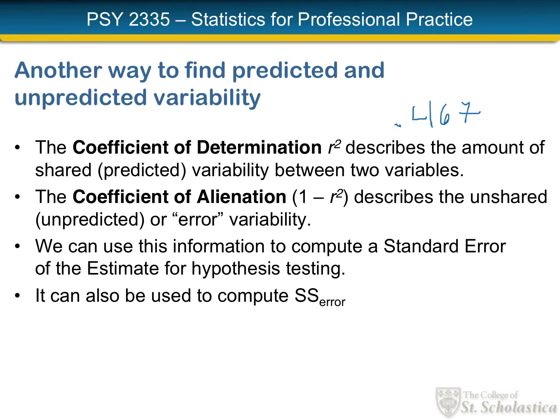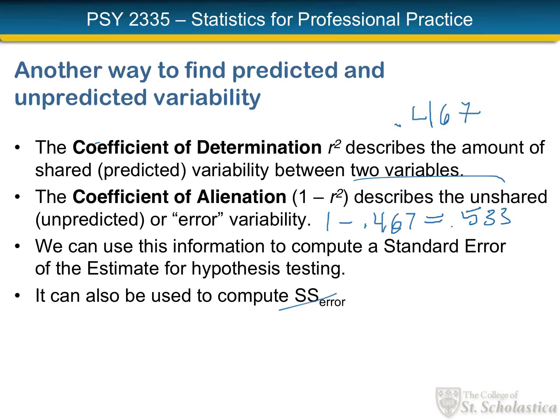We can also talk about the coefficient of alienation, which describes the unshared or unpredicted or error variability, and it's 1 minus the coefficient of determination. So in this situation, it would be 1 minus 0.467, equaling 0.533.